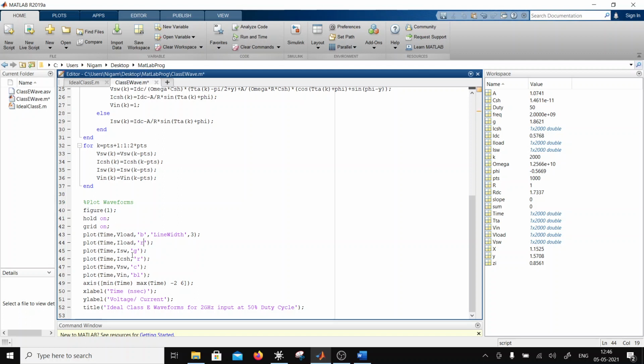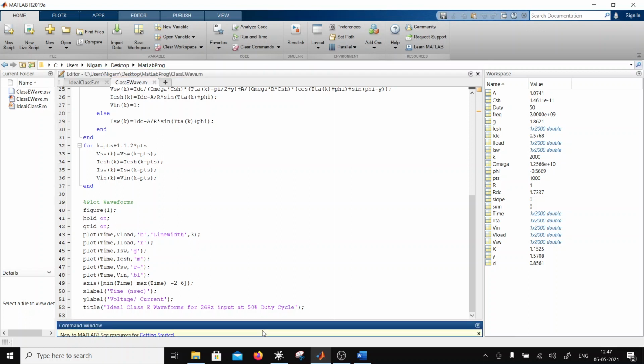So this is not ICSH, this is V switch sine, so this will be red dotted. That's okay. And then I'm going to just run this.